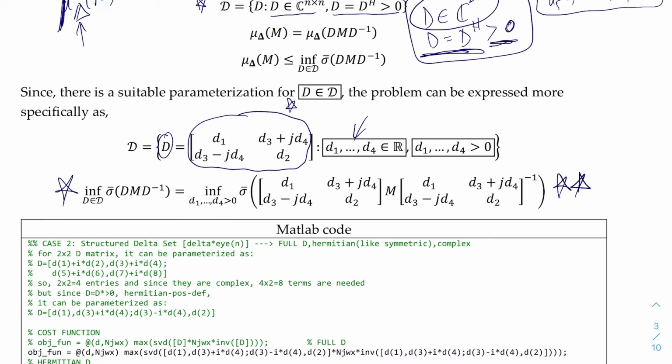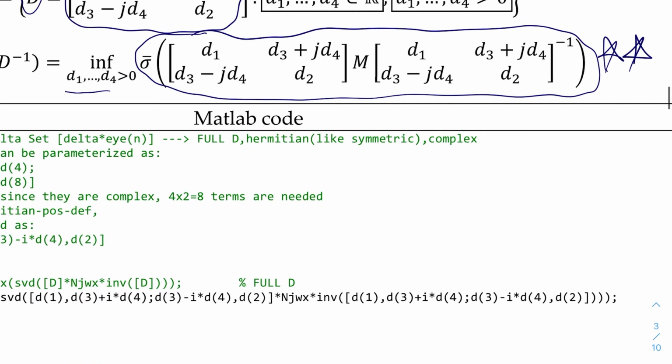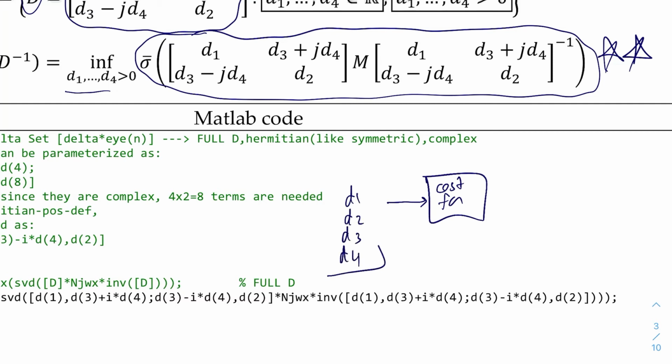So let's solve it. We are just given d1 dot dot dot d4, and this is the cost. Again, like in the previous case, by using FMINCON we have some cost function, and we give it d1 d2 d3 d4 real parameters, and it gives us some cost.